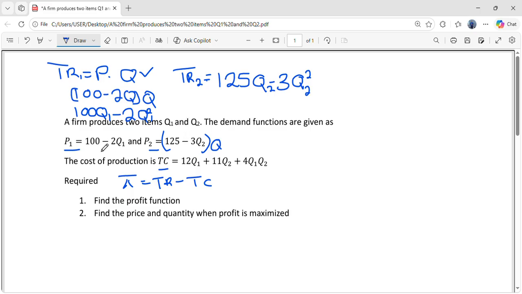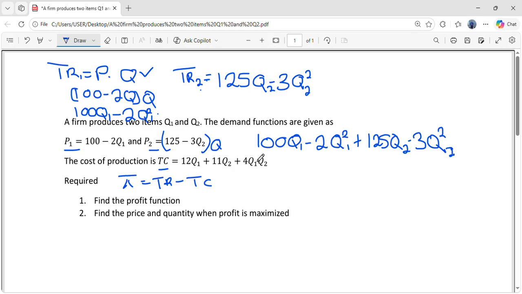Then from here, remember, since these two items were being produced by one firm, for us to be able to get the profit function, we need to add this and this total revenue function minus the cost function. So we are going to add them: 100Q1 minus 2Q1 squared plus 125Q2 minus 3Q2 squared.